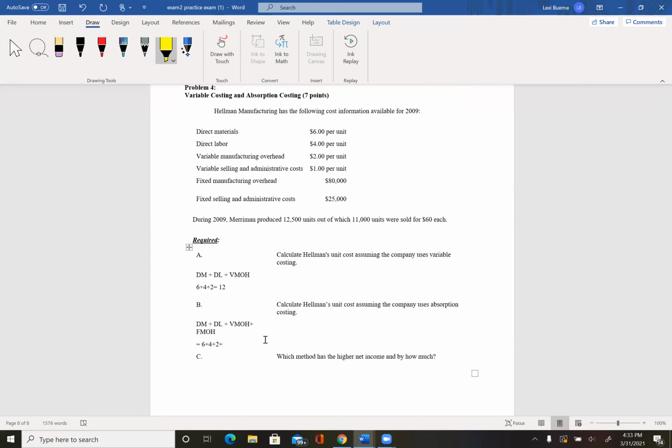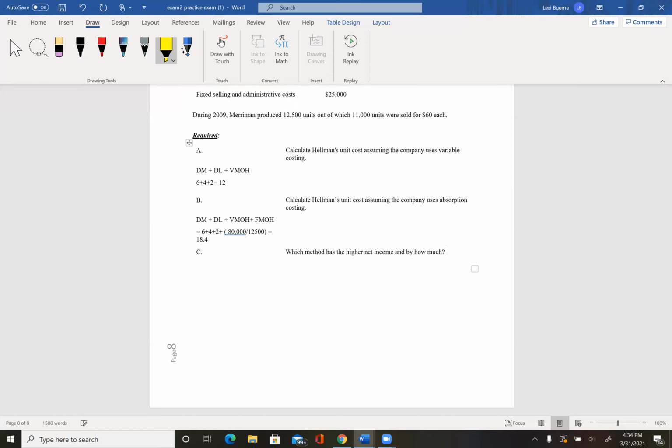To find the fixed manufacturing overhead, since it only gives you the amount, it doesn't give you the per unit, you have to find the per unit. So you're going to take the 80,000, which is the amount that it gives you, and you're just going to divide it by the amount of units. And that's going to give you 18.4 is your final answer for absorption costing.